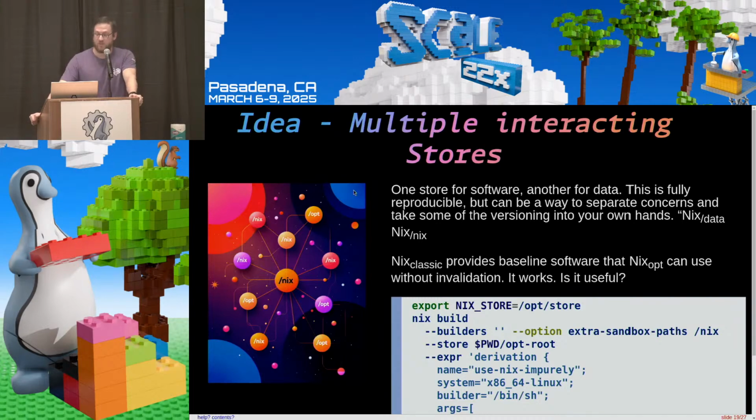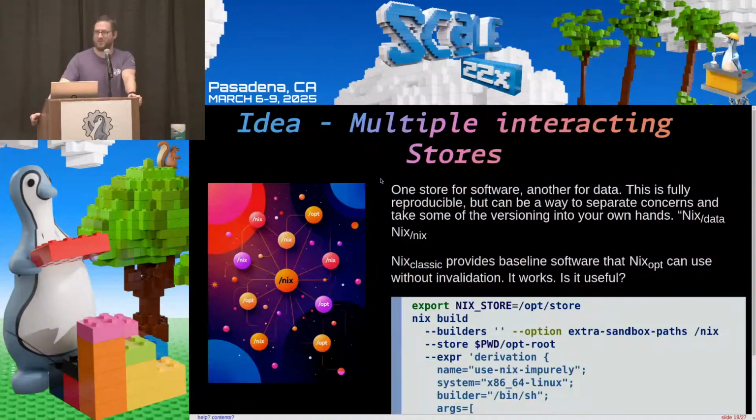Yeah, okay, so the question was, what do I mean by multiple stores? And I apologize, I should have explained this a little bit more. What I mean here is, if you look at the code here about how to invoke this, I have an option that says extra sandbox paths. That would mean, hey, go bind mount this /nix store and make it available while you're doing builds for your /opt store.